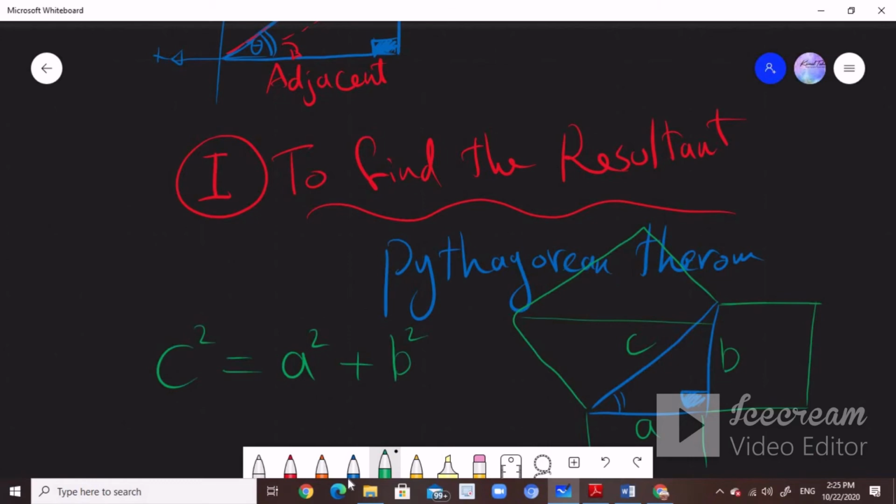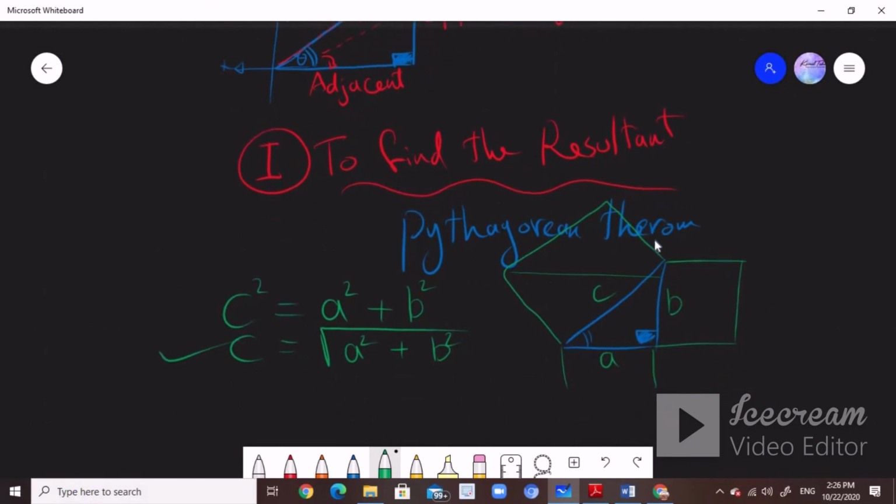If we want to find C, we take the square root of both sides: C equals the square root of A squared plus B squared. That is the rule, guys, we will use to find the resultant, the magnitude, or the displacement.